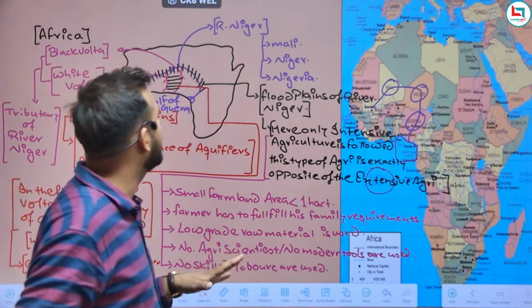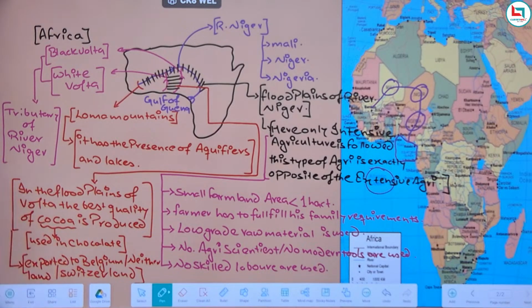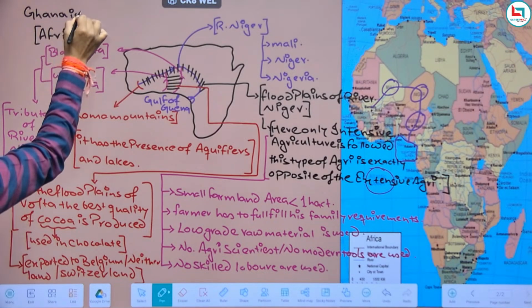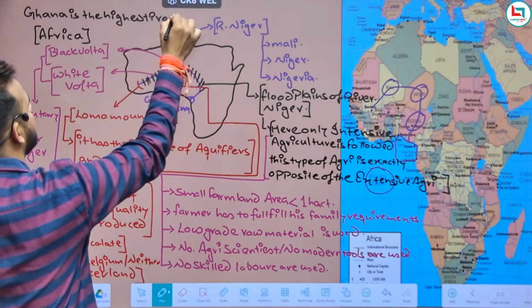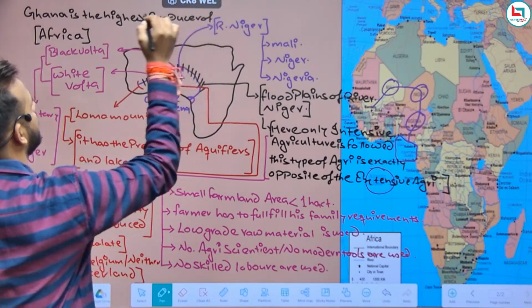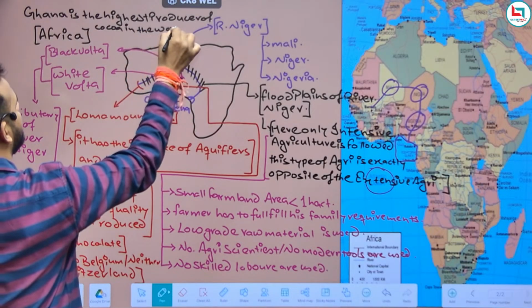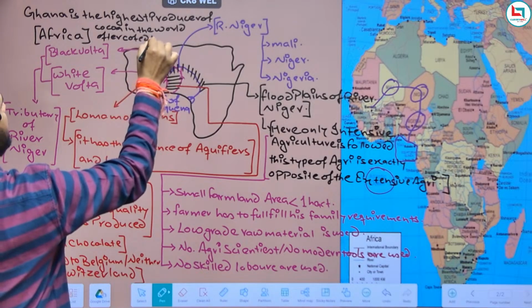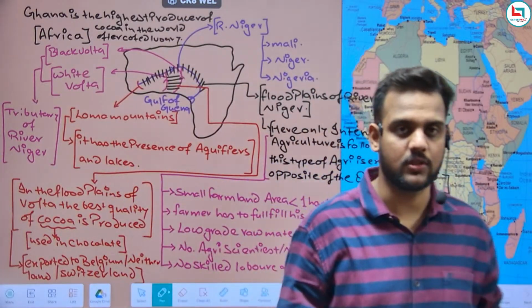Okay, write down a note that Ghana is the highest producer of cocoa in the world after Côte d'Ivoire. It is important. You should know about this particular fact.